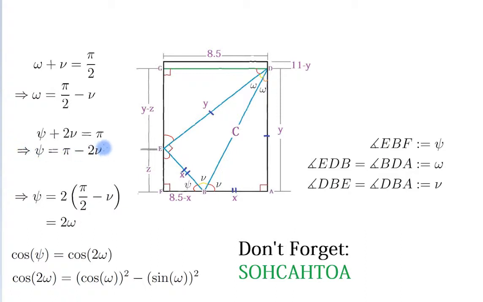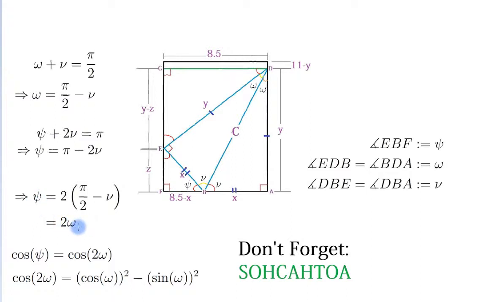Now I'm going to manipulate this one a little bit. Let's factorize a 2 here. If we factorize a 2, we have pi over 2 minus nu. But we've seen that omega equals pi over 2 minus nu. So we can straight substitute that, and that implies that c equals 2 omega.